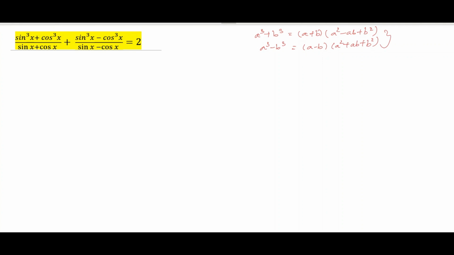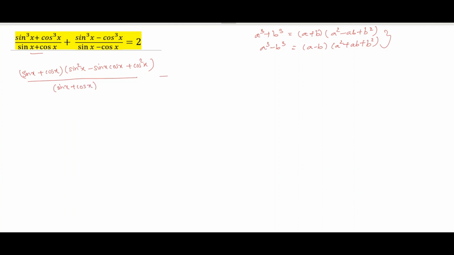Now, in place of a, it is sin x, and in place of b, we have cos x. So, this will become (sin x plus cos x) into (sin square x minus sin x cos x plus cos square x) upon the denominator as it is, sin x plus cos x.